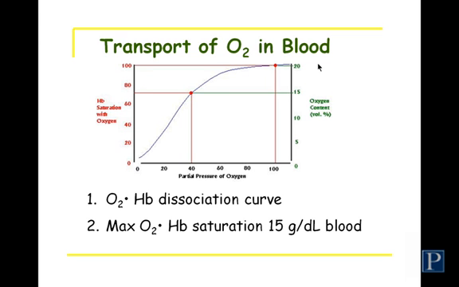It's mainly about 97%. So assuming I have 15 grams of hemoglobin for every deciliter of blood, if I have 100% saturation, I can carry about 20.1 mils of oxygen.